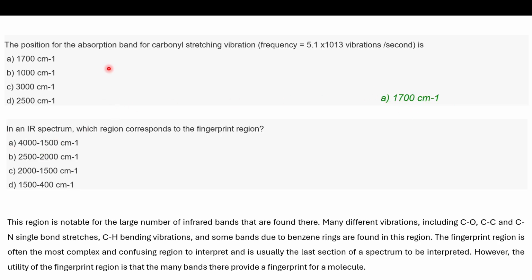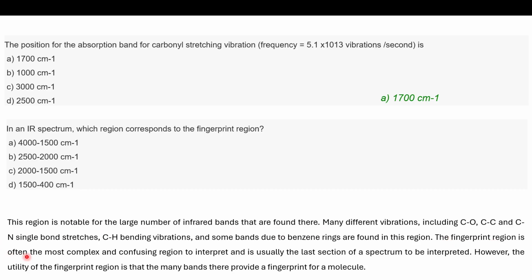I think this is the same question from the example. In an IR spectrum, which region corresponds to the fingerprint region? A fingerprint region is the region where a large number of infrared bands can be found, and many different vibrations, including CO, CC, CN single bond stretches, CH bending vibrations, and some bands due to benzene rings are found in this region.